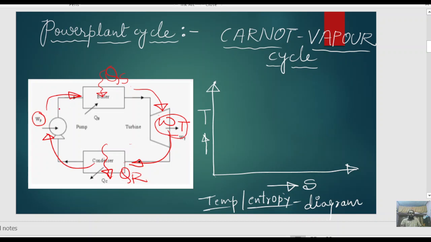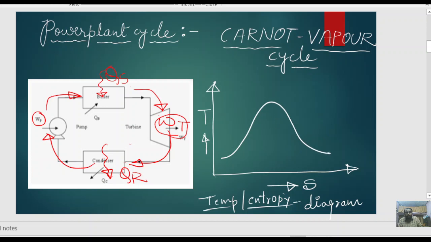Okay, and next is the Carnot vapor power cycle. We will learn the Carnot vapor power cycle through the TS diagram. Let us change the color. Okay, first we have to start with the vapor dome. This is called the vapor dome.